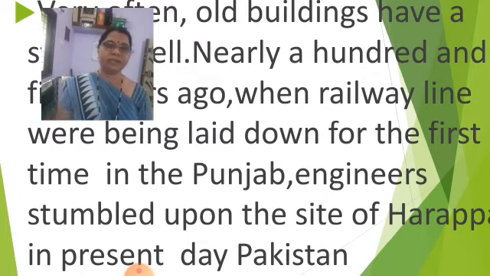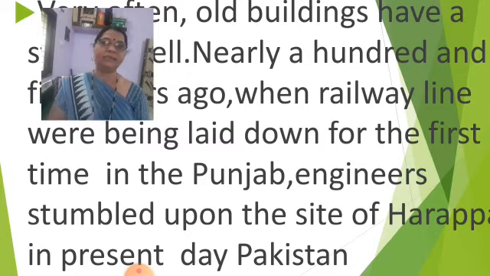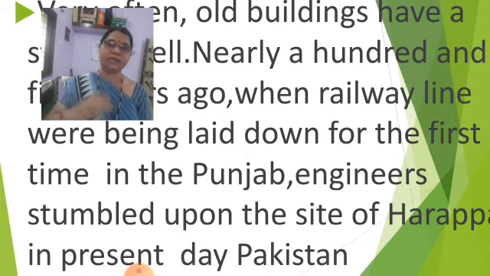Now it is in present-day Pakistan. When the British government was there, our country was not divided. There was only one country, Hindustan. But after independence, our country was divided into Hindustan and Pakistan. That's why Harappa is nowadays in Pakistan.